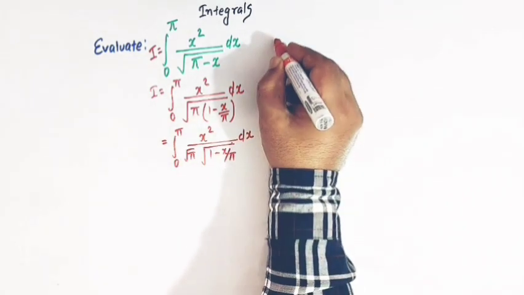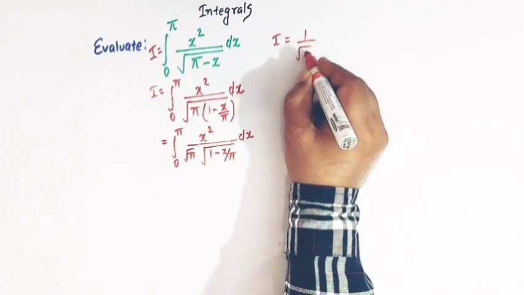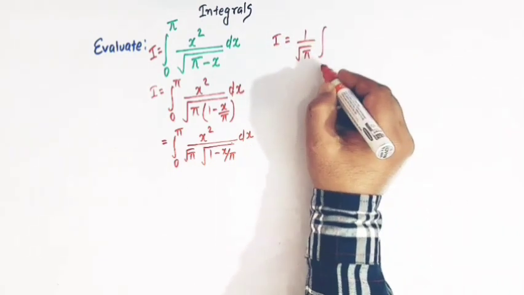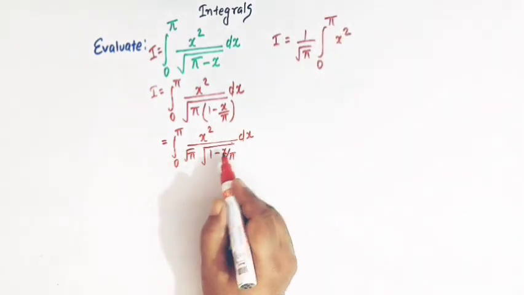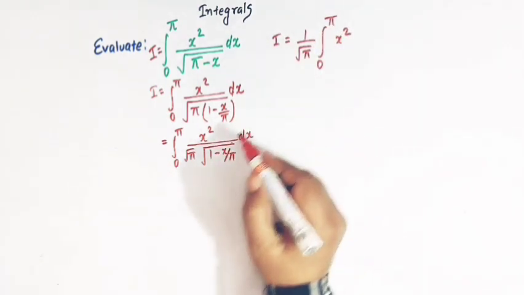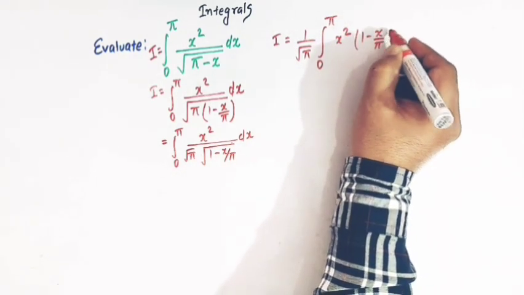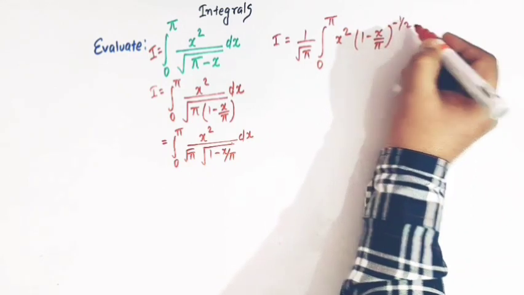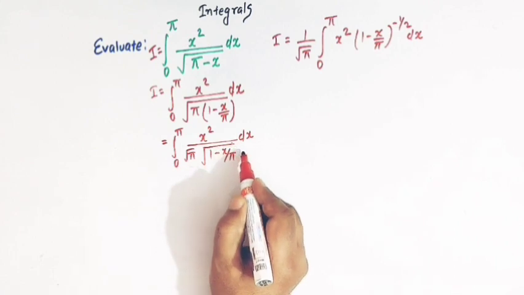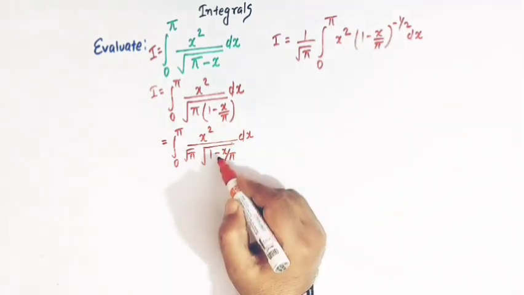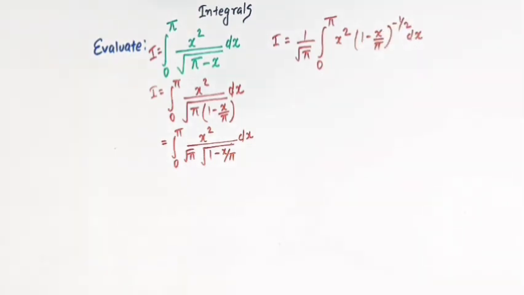Okay, now let us rewrite this integral as 1 over square root of pi, and then we have 0 to pi and x square, and let us take this term to the numerator. So we can write 1 minus x over pi raised to minus half, right? Because this is square root, this is 1 over 2 power, so we can take it to the numerator. So this is minus 1 over 2.